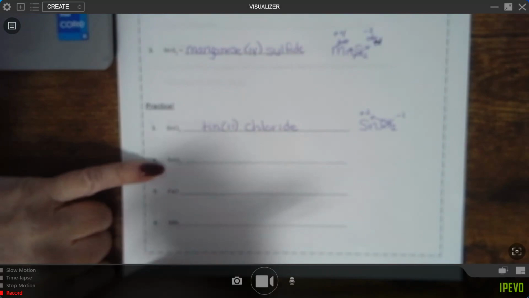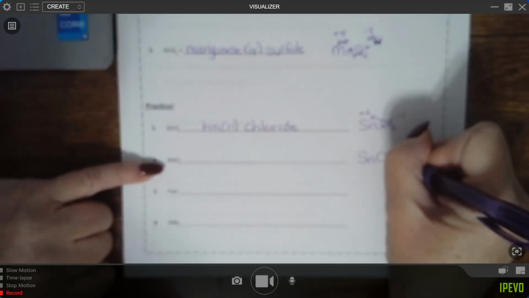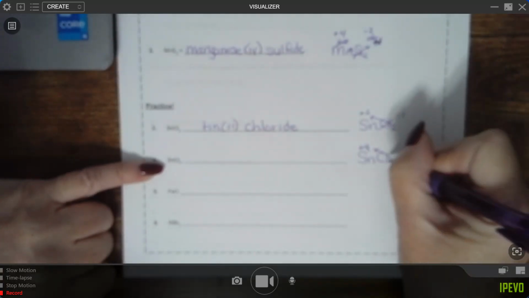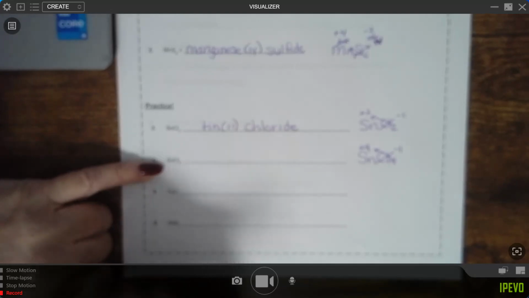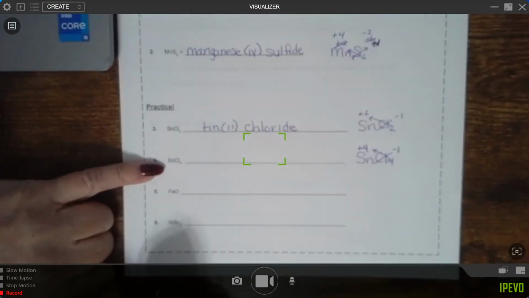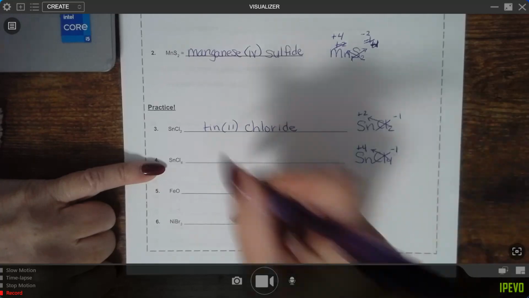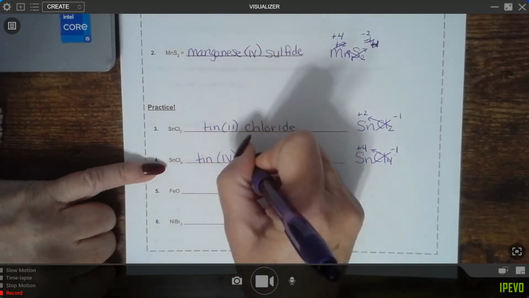All right, let's look at the second one. SnCl4. If I reverse crisscross, the charge on tin is plus 4, the charge on chlorine is minus 1. Chlorine is a minus 1 anion, so this is going to be tin 4 chloride.